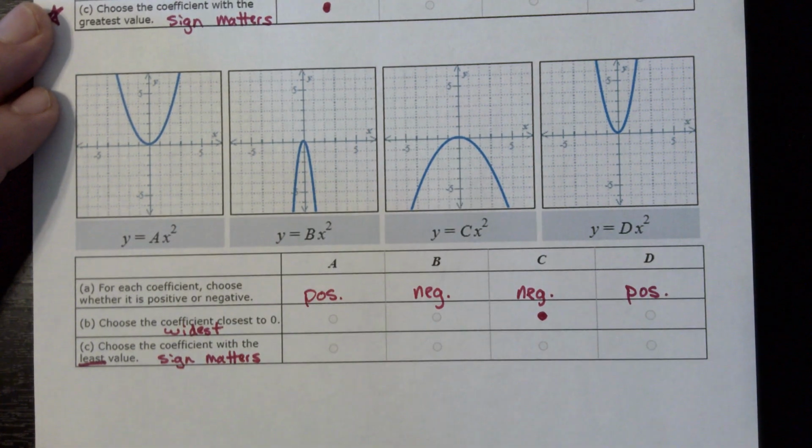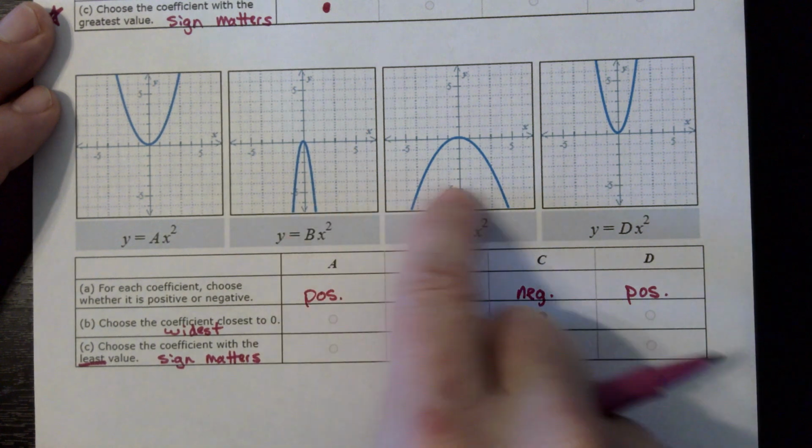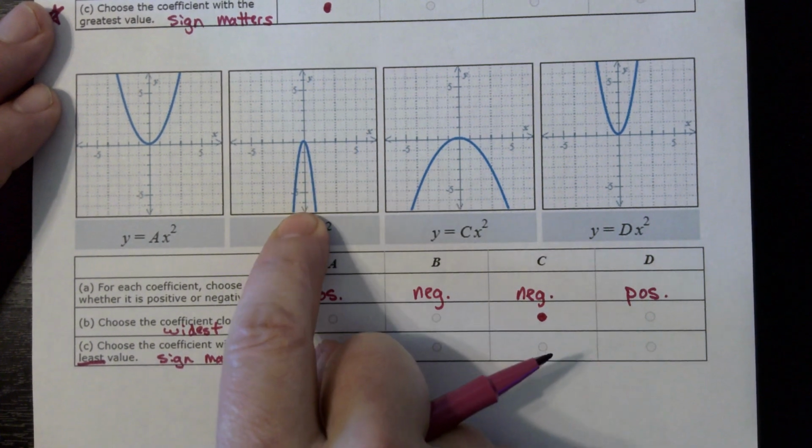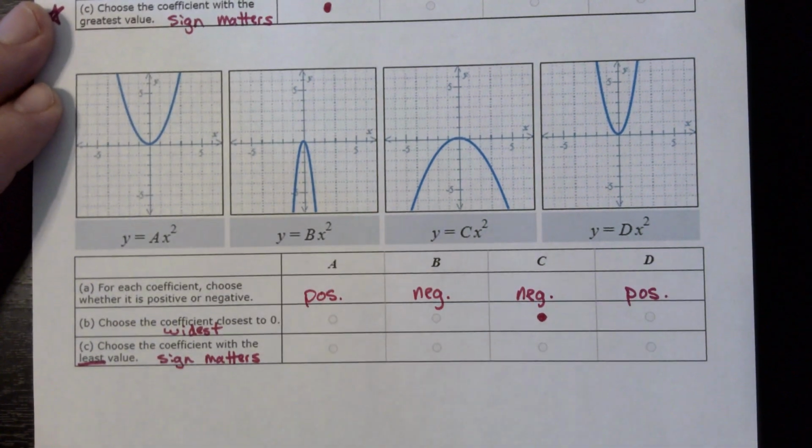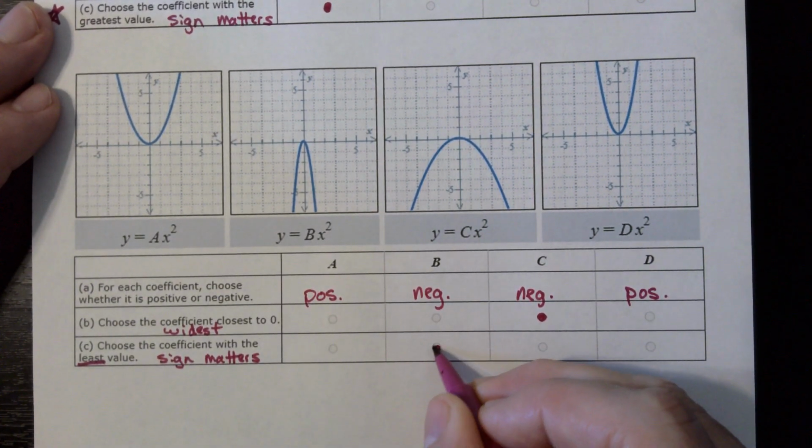You're looking for the biggest negative number you can find, because big negative numbers are less than small negative numbers. Negative 1 million is definitely less than negative 1. So you want to choose the biggest number out of these two. And we know that the skinnier the graph, the bigger the number. So this is the one you're looking for right there. And your answer is B.